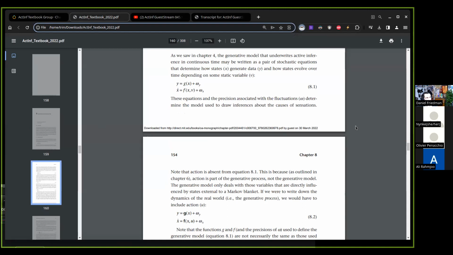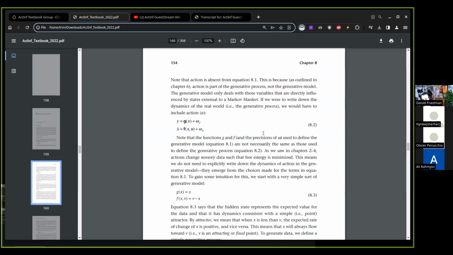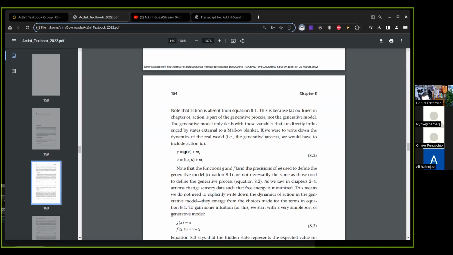So what's meant here by directly influenced by states external to a Markov blanket means the states from the environment that can dynamically act upon the Markov blanket in order to make it more suitable or more adapted to the environment, through the generation of the Markov blanket, the generative model, and also minimizing the free energy.